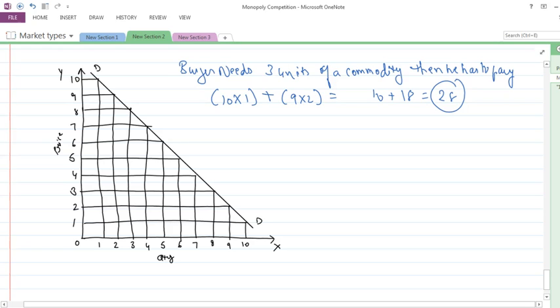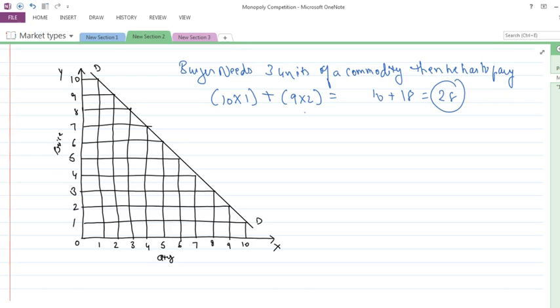He will pay 28 rupees to buy that commodity. So he will have to pay 28 rupees, but instead of doing that, what the producer does here, if he is buying in the simple manner, he would have to pay 28 rupees as the price of all of these units, and by doing so he sets a consumer surplus of how much?